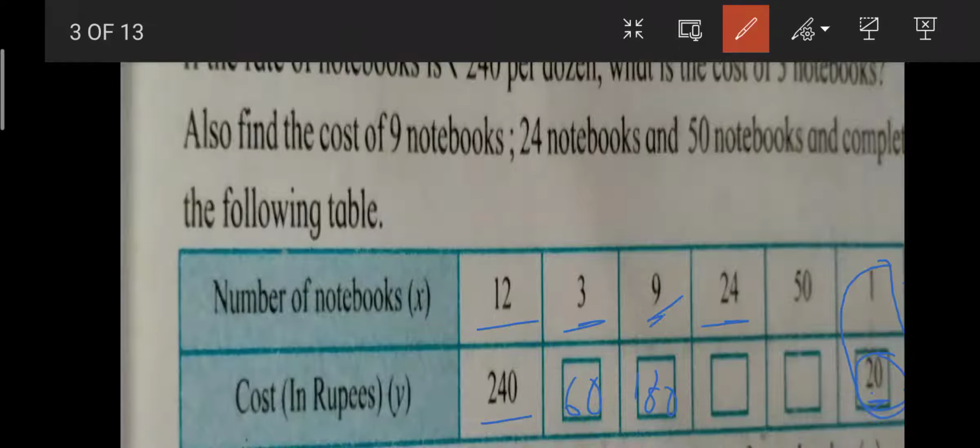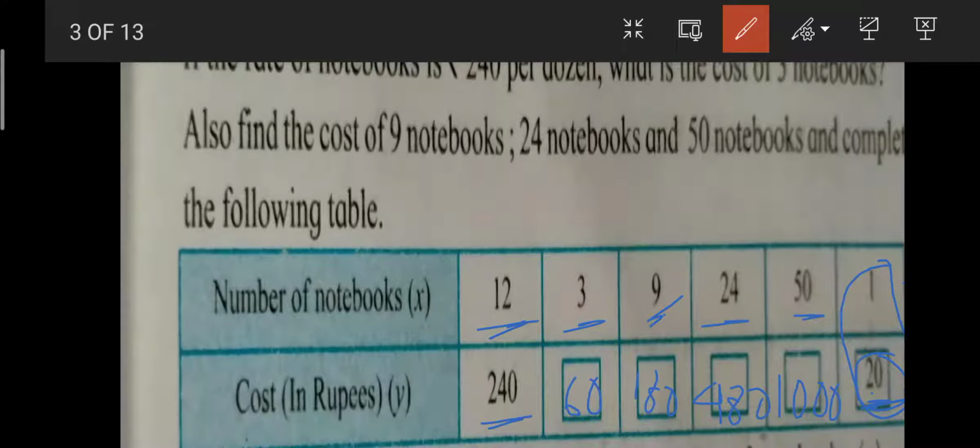So if you want to find the value of 24 books, we will multiply and we will get 480. And similarly, 50 multiply with 20, that we will get as 1000.